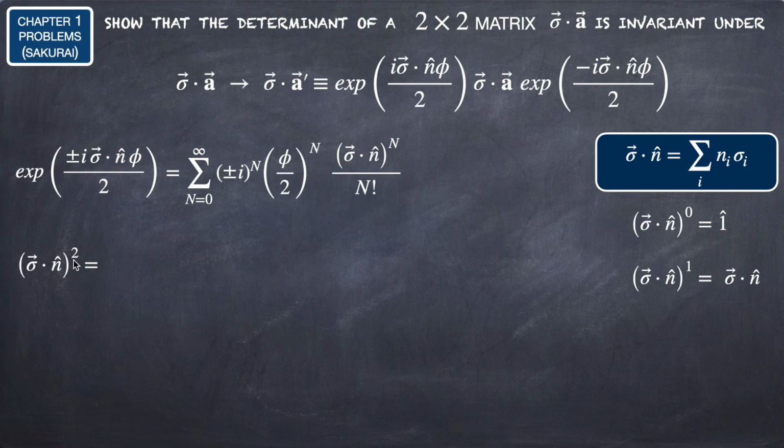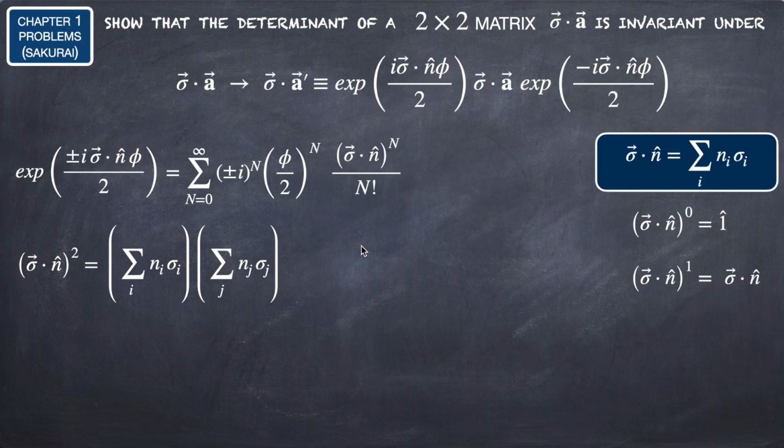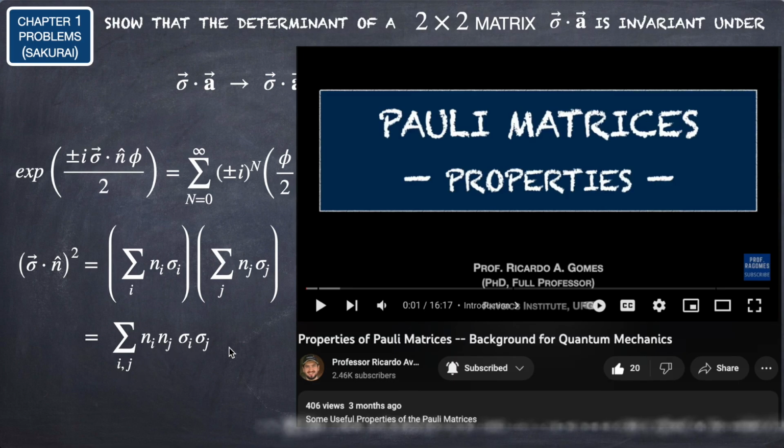So sigma·n squared. We need to calculate that, and since sigma·n is this summation, we have here a product of these two summations. Obviously, we need to change the index of the summations, as one can see in this video here, where we discuss index notation and Levi-Civita tensor, Kronecker delta, and many other aspects of tensor notation. And then we can write this as a double summation over i and j of n_i n_j sigma_i sigma_j.